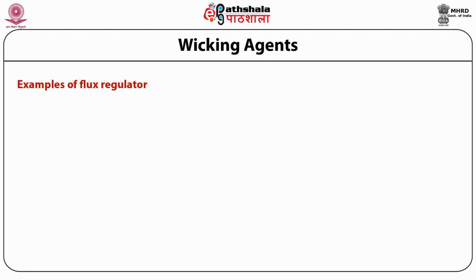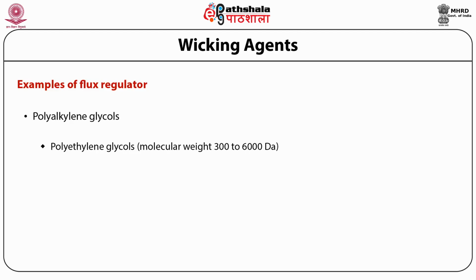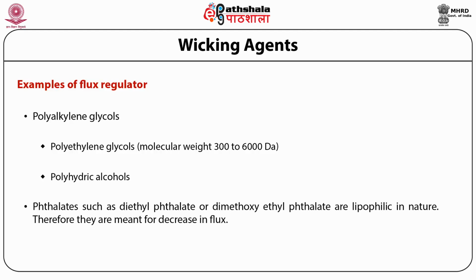Examples are polyalkyl glycol, for example polyethylene glycol, molecular weight ranging from 200 to 600, and polyhydric alcohols. Basically they are hydrophilic in nature because of the OH group, and they enhance the solvent influx into the osmotic device, and therefore the osmotic pressure exerted inside is more, and you expect that more drug will be released. So the residual drug within the device can be reduced or minimized with the help of the flux regulator.